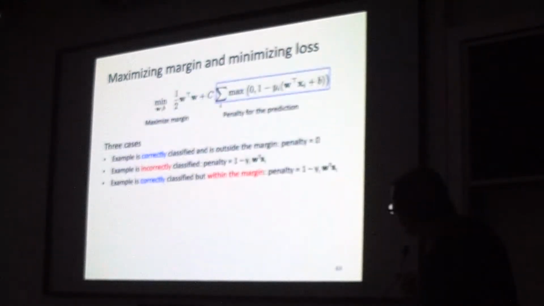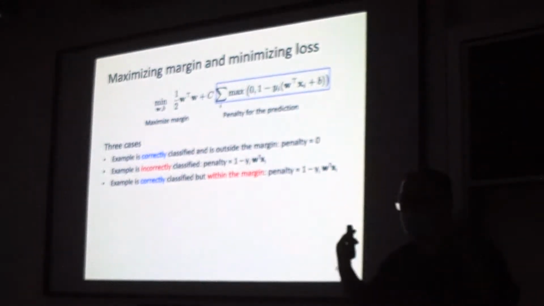So now, by looking at the formulation of the objective of the support vector machine, we can see that the objective function consists of two terms. One term is to maximize the margin, which is essentially to control the complexity, the capacity of the hypothesis space. You want to favor a simpler classifier.